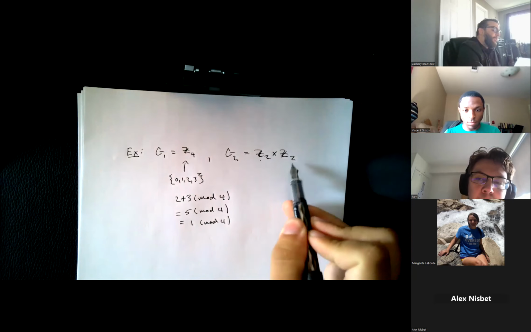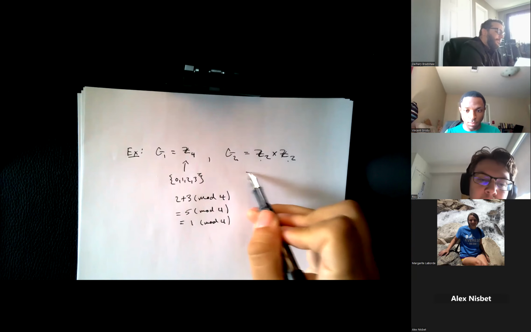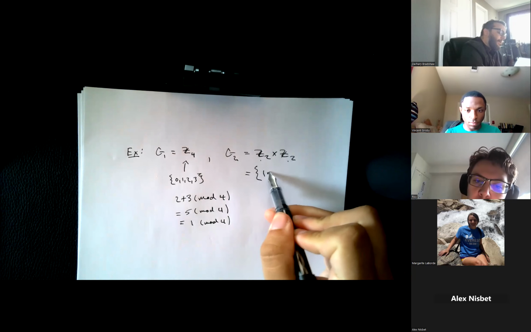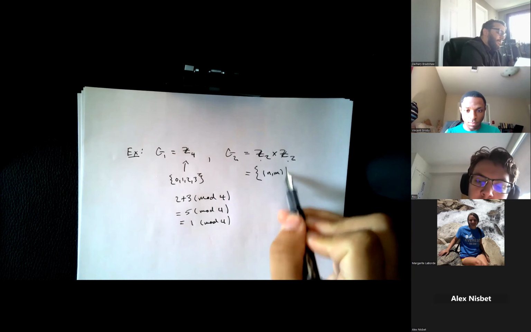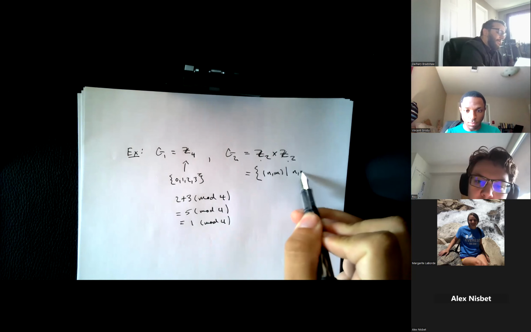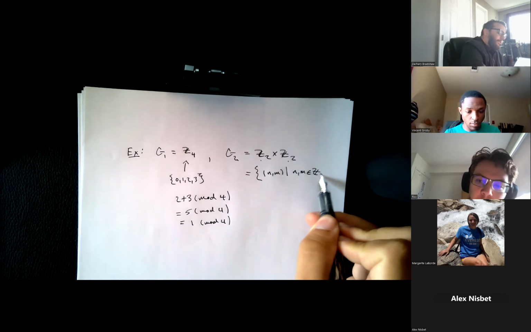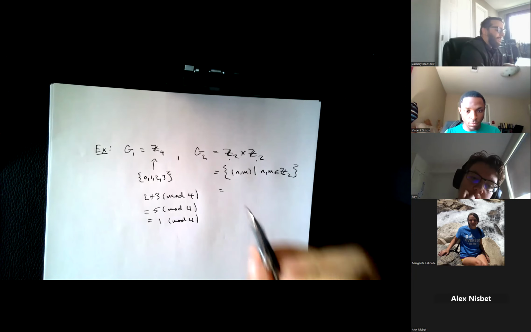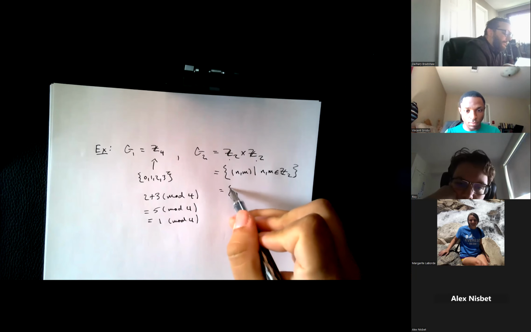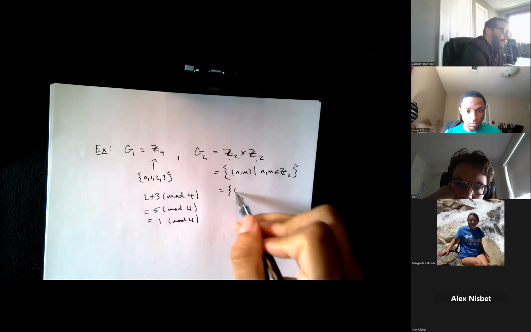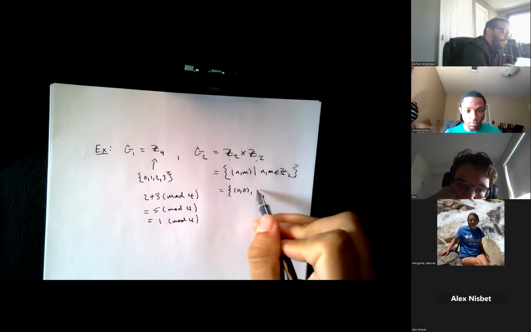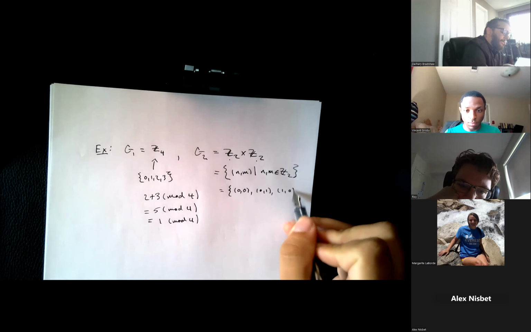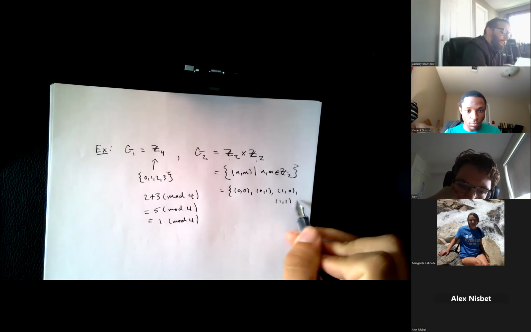Now, I have two copies of Z2 here. This is all the pairs of elements (n, m) such that n and m are in Z2. Or if you like, it's sufficiently small that I can just list out all the elements for you: (0,0), (0,1), (1,0), and (1,1).